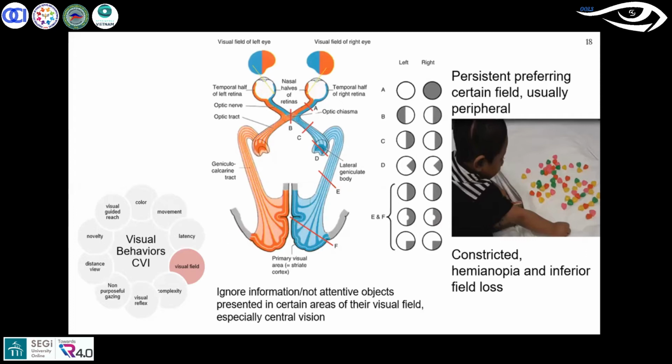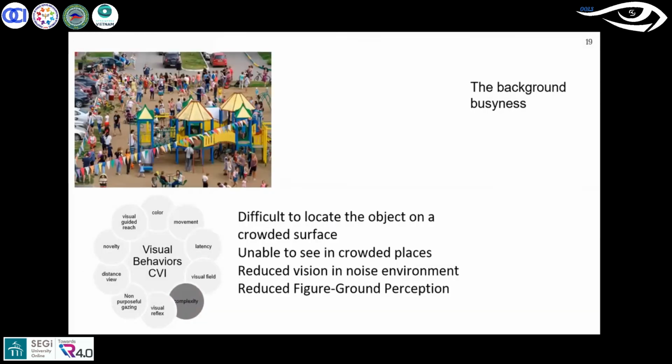What about complexity or the background busyness? For example, a child with CVI, when they go to a busy fun fair or a playground like this, will feel very insecure because first they will not be able to locate their parents, even if the parents are actually at their back.